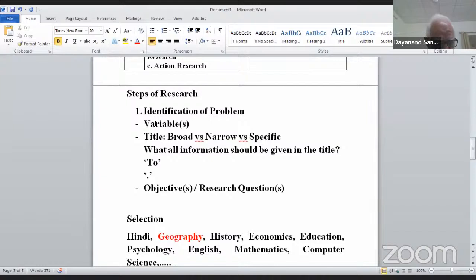So now when you are writing the research question or objective, should they be broad versus narrow versus pinpoint? What do you think? Should objective be broad, narrow, or pinpointed?